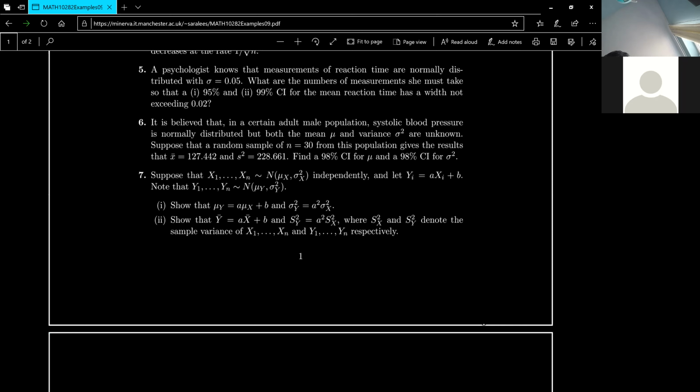Guys, you okay? So you have a random sample from a normal population, x1 to xn, and y is equal to ax plus b. The first part is to show this and that. If you haven't done it, let me show you how.